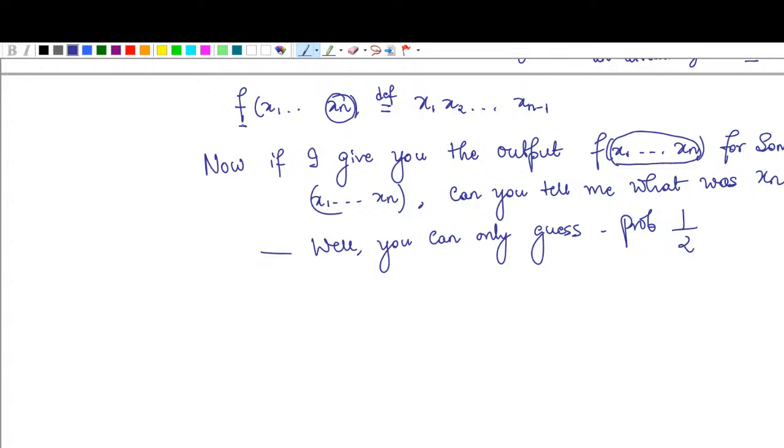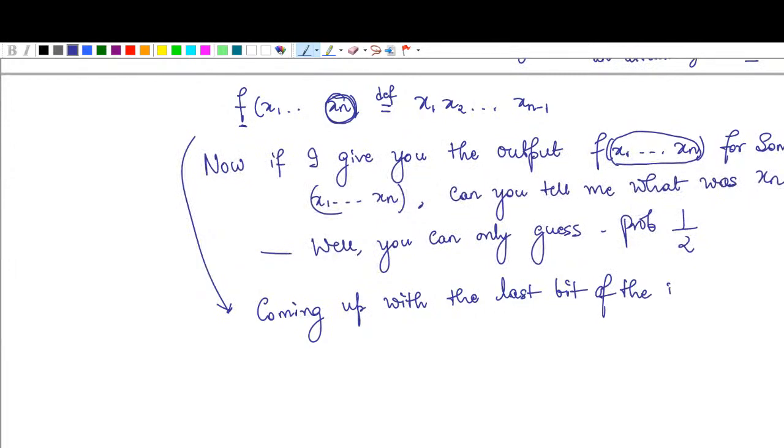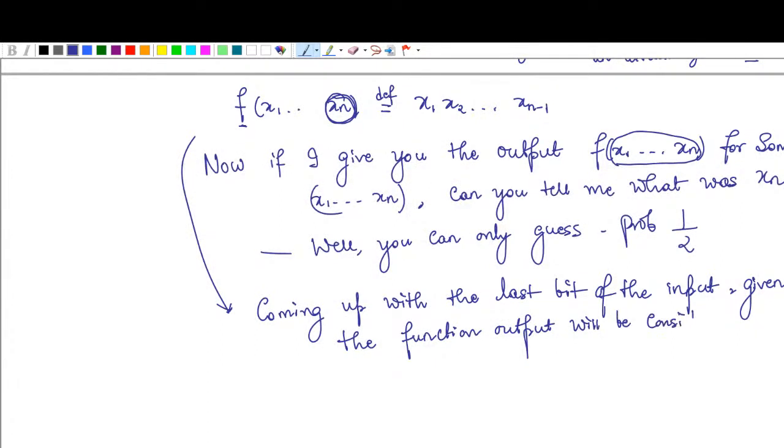So corresponding to this function f, coming up with the last bit of the input given only the function output will be considered as the hardcore predicate for this function.